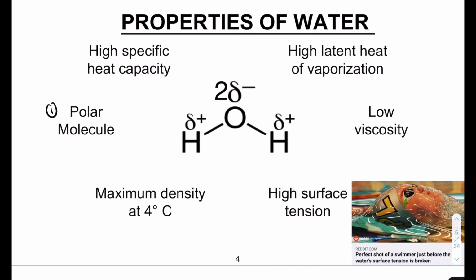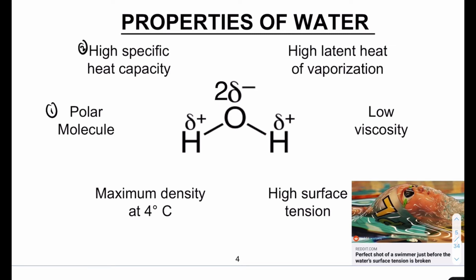Okay, and this is due to the unequal sharing of electron. Okay, because oxygen is more electronegative compared to hydrogen. So itu adalah about the first property of water, which is polar molecule.